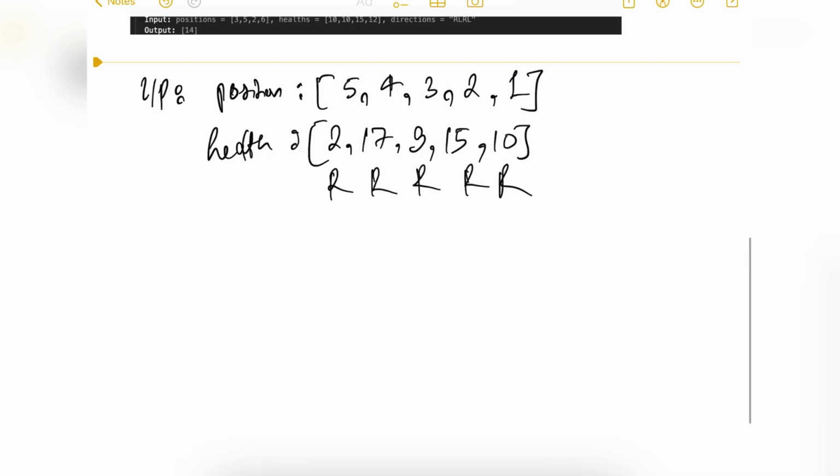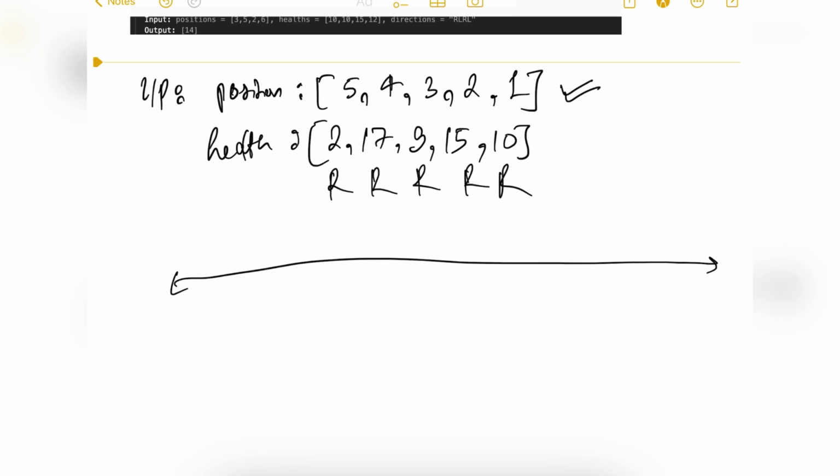Right, so what do these actually denote? The first one, position, represents the position of all the robots, right? Imagine there's an imaginary line, and in position 5 we have a robot, and then position 4, and similarly 3, 2 and 1.